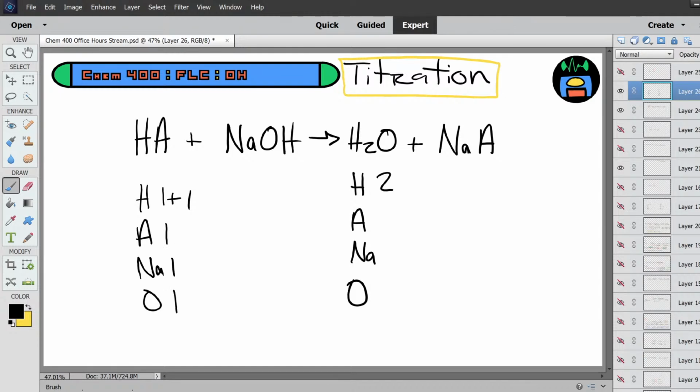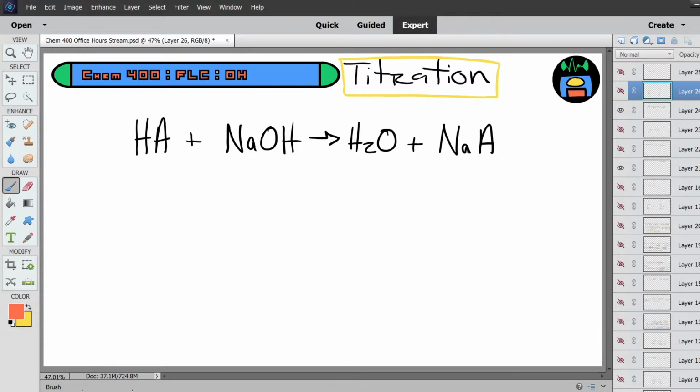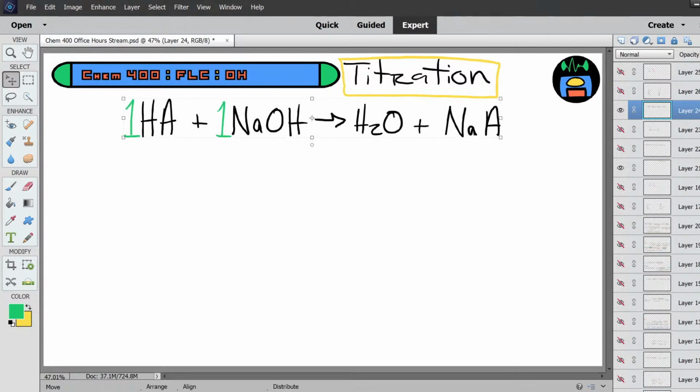On the product side, we have 2 hydrogens, 1 A, 1 sodium, 1 oxygen. So this thing is already balanced, and the importance there is we have a 1-to-1 ratio between sodium hydroxide and our monoprotic acid, HA. That is of critical importance to solving the titration problem.